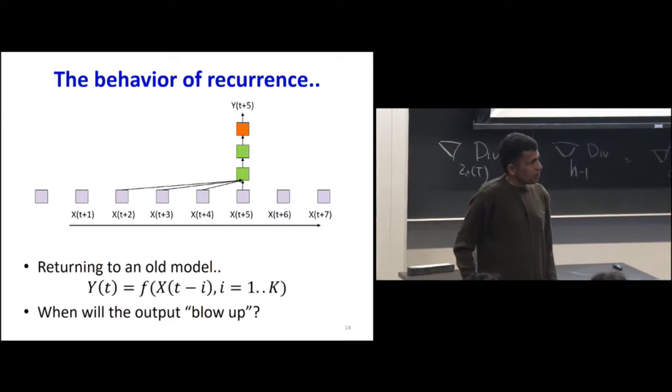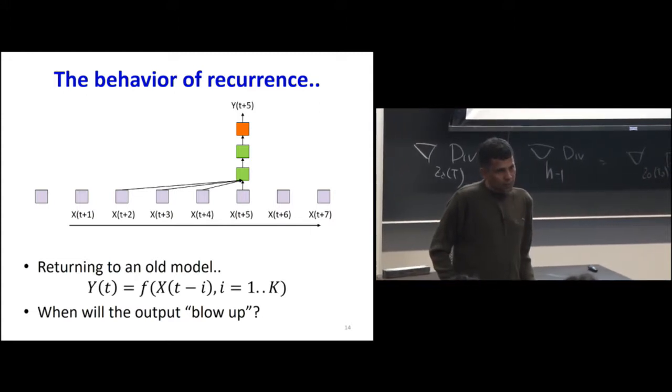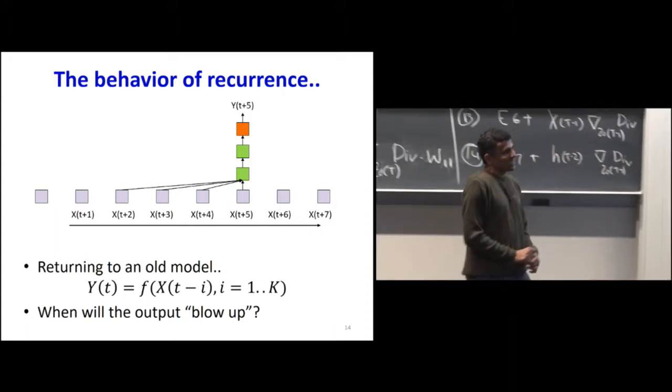Is the output ever going to explode? Assuming my activations are not going to go to infinity for bounded inputs, right? Is the output ever going to explode? No. Why not? It's bounded. Okay, thank you, right?